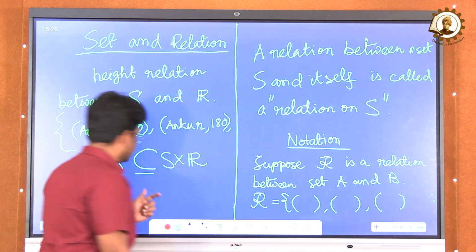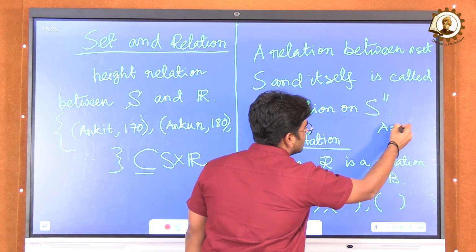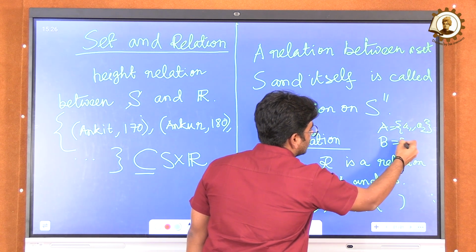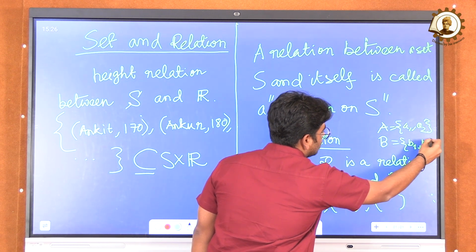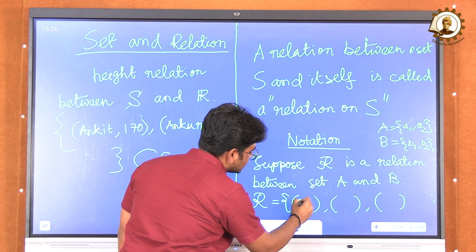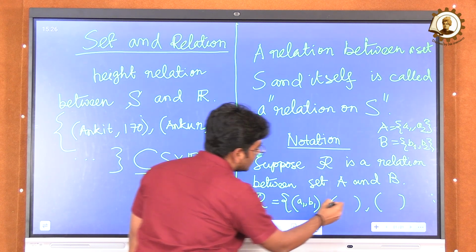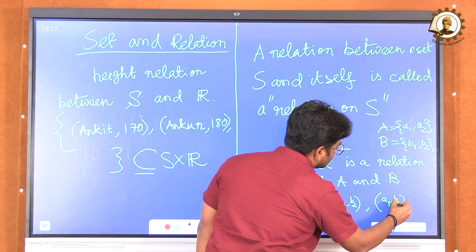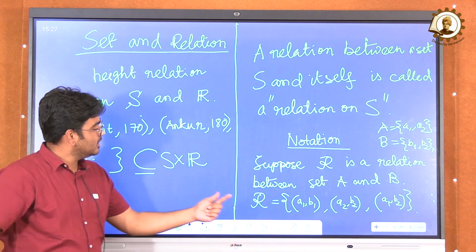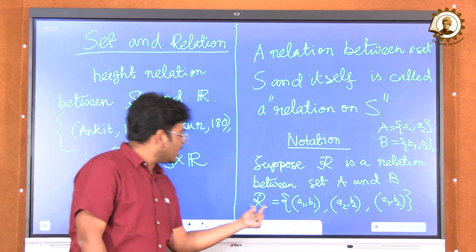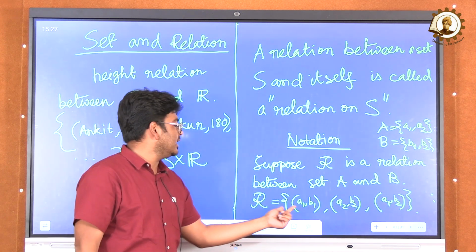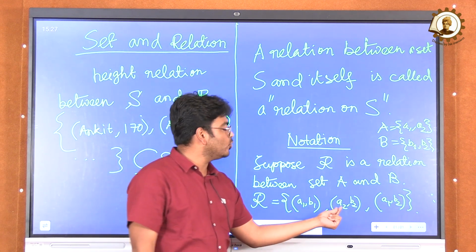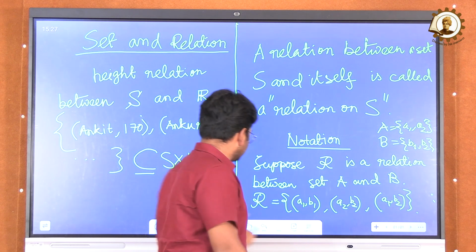Say A contains A1 and A2, and B contains B1 and B2. Suppose my R is {(A1, B1), (A2, B2), (A1, B2)}. The notation says that if R contains these elements, it means A1 is related to B1, A2 is related to B2 and A1 is related to B2.